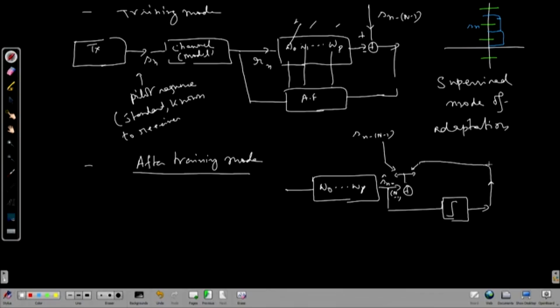Because this optimal filter, which is basically the adaptive filter here, will produce a good estimate of this desired response during the training. So, it was not n, it is n minus a delayed version, capital N minus 1. So, it will be an estimate. Just S cap of n minus capital N minus 1 will go through this, and hopefully it will be quantized to the right value.